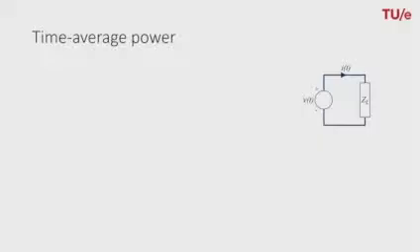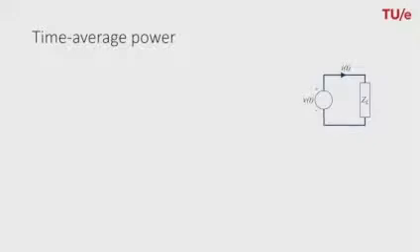Since we work with time harmonic signals, it's relevant to look at the power, since this often gives a lot of confusion with our students. Let us consider a very simple circuit like shown here.